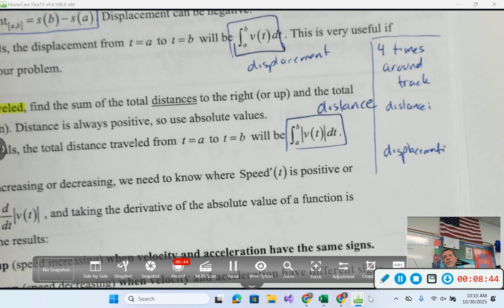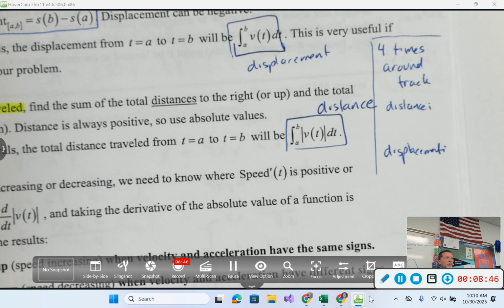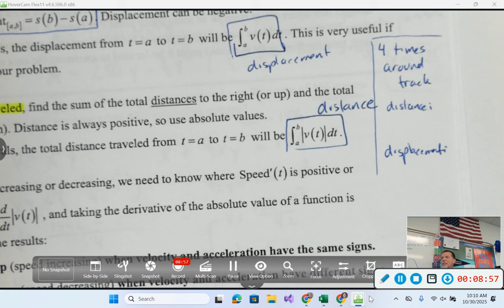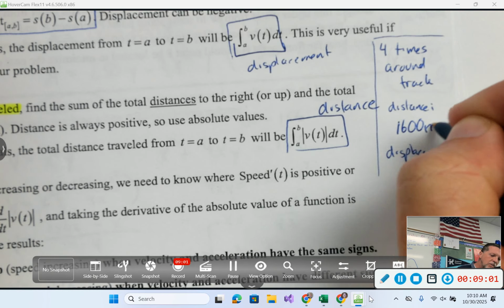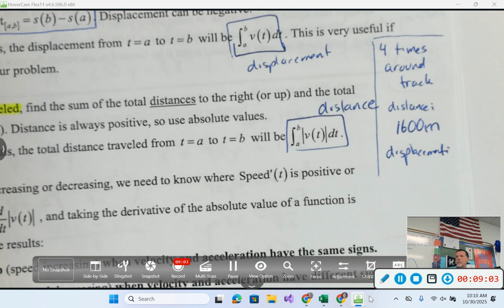Right, track people. So how far have you run if you go 4 times around the track? What's the total distance you traveled? What is it? Yes, but what is it in meters? Make it easier. 1,600? 400 meters around. So you run around 4 times, you go 1,600 meters, you win a mile. Good job.